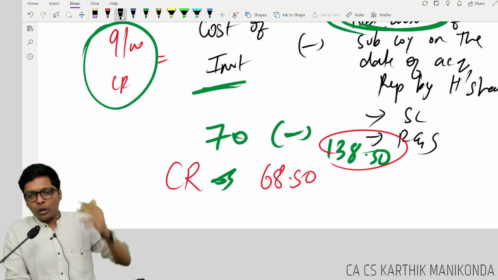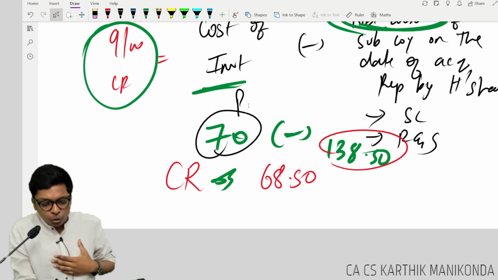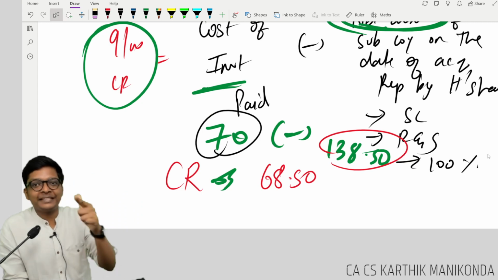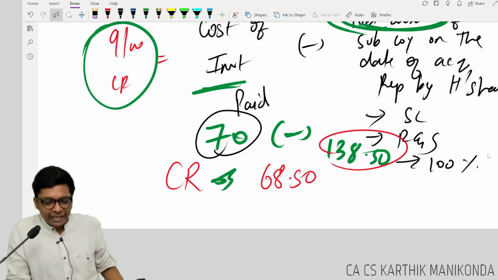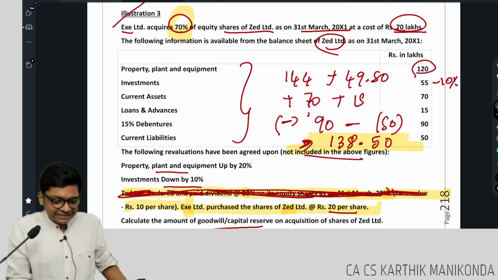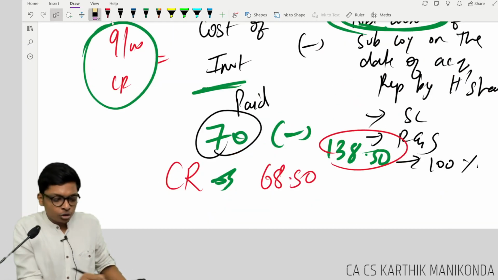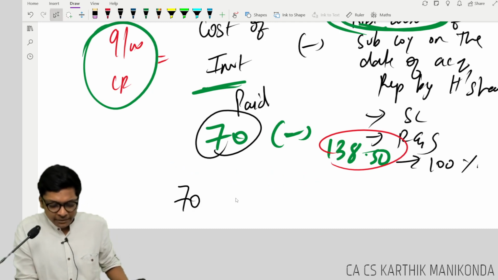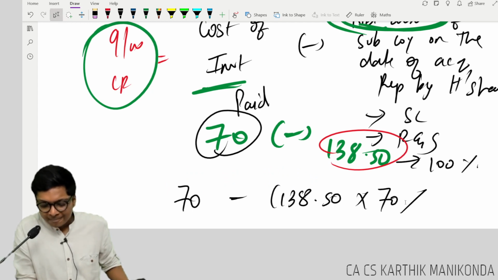68.5. That means what? This represents what you paid, but this represents 100%. What is the holding company share of 138.5? You are absolutely right. How much? 70% they have given. So just one small alteration you have to do. 70 minus 138.5 into 70%.